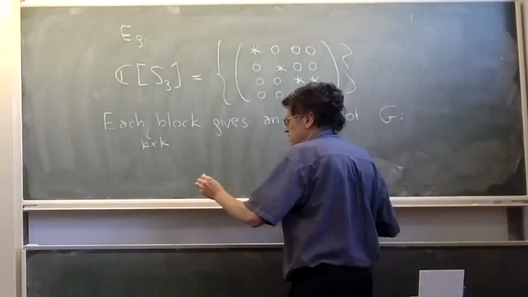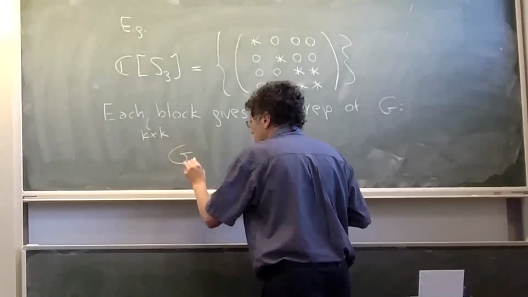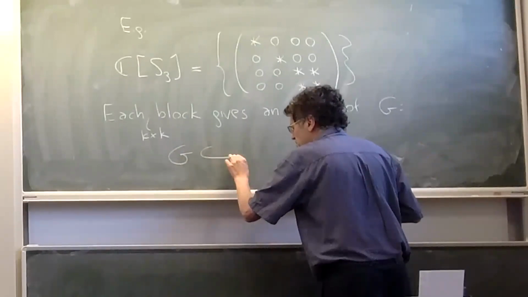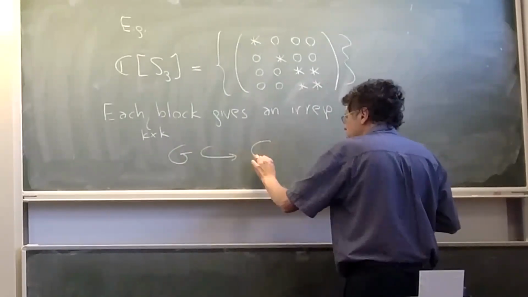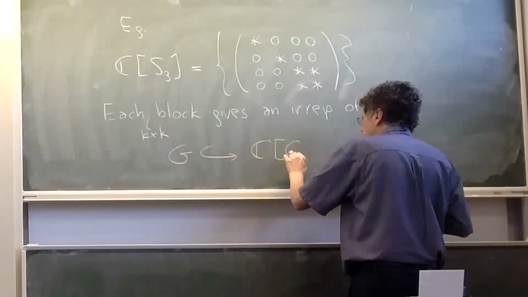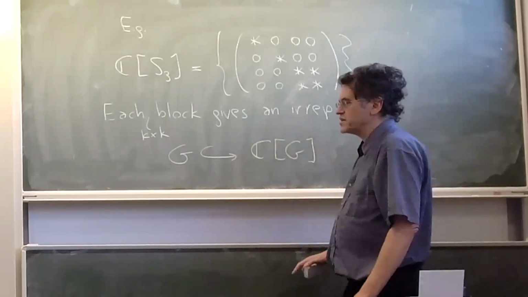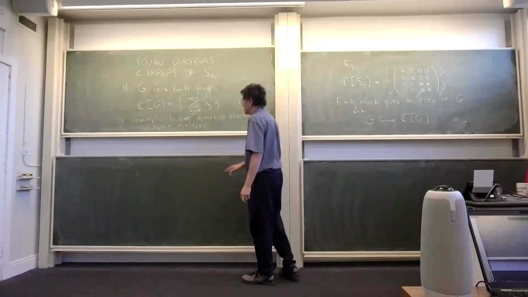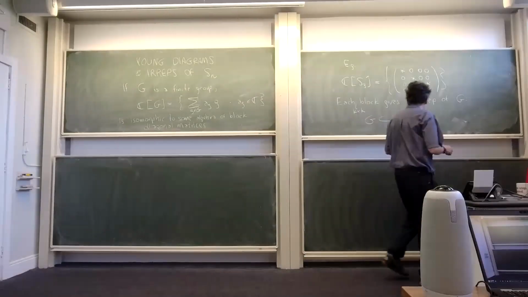And the way it works is that you take your group element and think of it as a special element of the group algebra, because a lone group element can be thought of as an element of this vector space here.